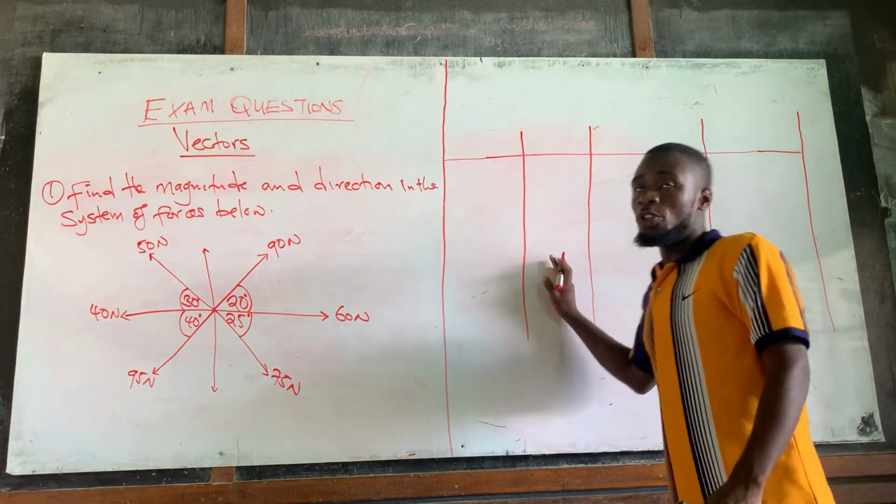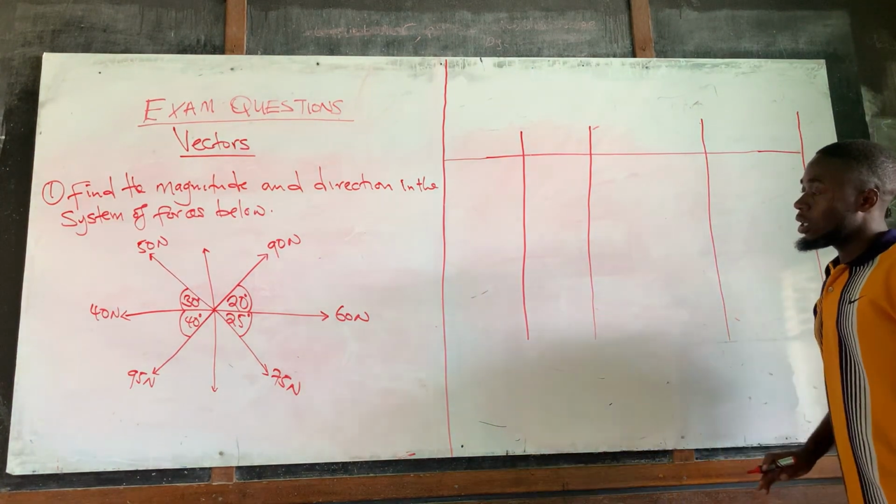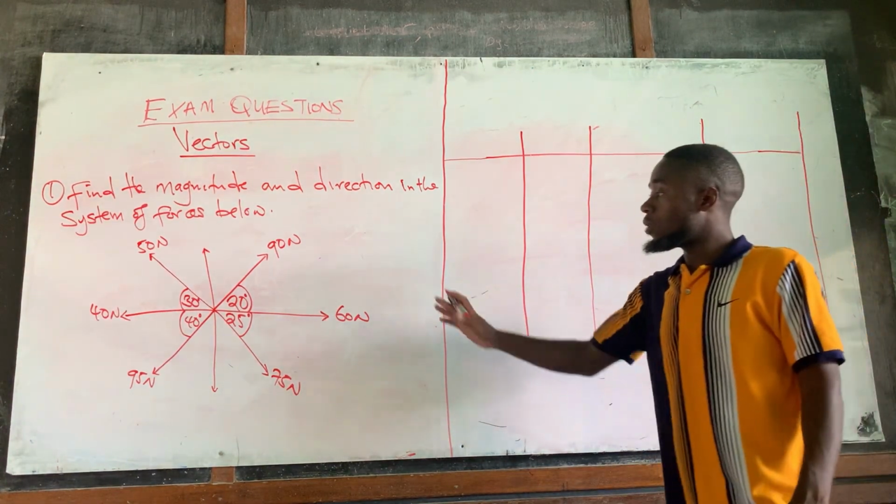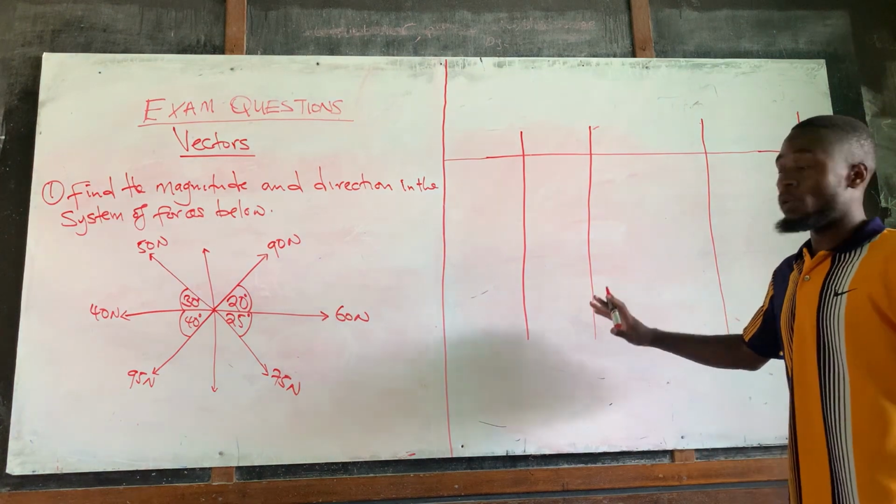So this is the first thing you do. You make a table like this. There are a number of ways you can solve that question, but in this case, let's do this one because it's quick.